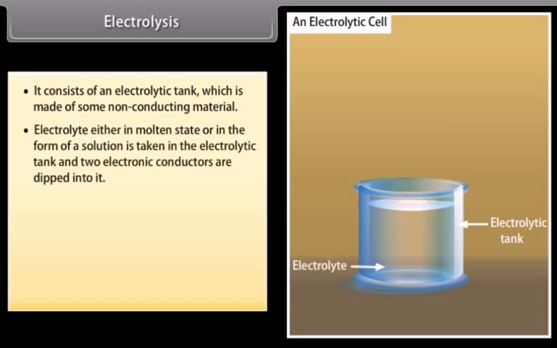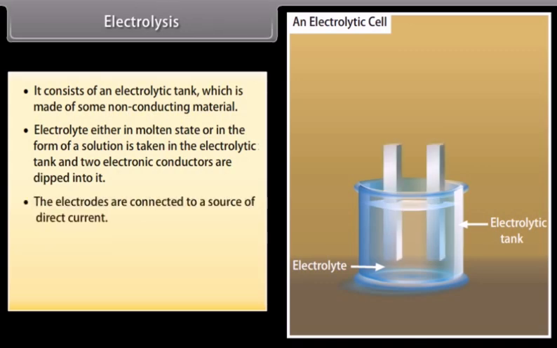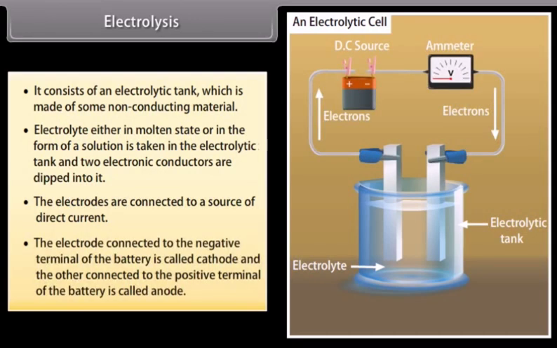Electrolyte, either in molten state or in the form of a solution, is taken in the electrolytic tank and two electronic conductors are dipped into it. The electrodes are connected to a source of direct current. The electrode connected to the negative terminal of the battery is called cathode, and the other connected to the positive terminal of the battery is called anode.